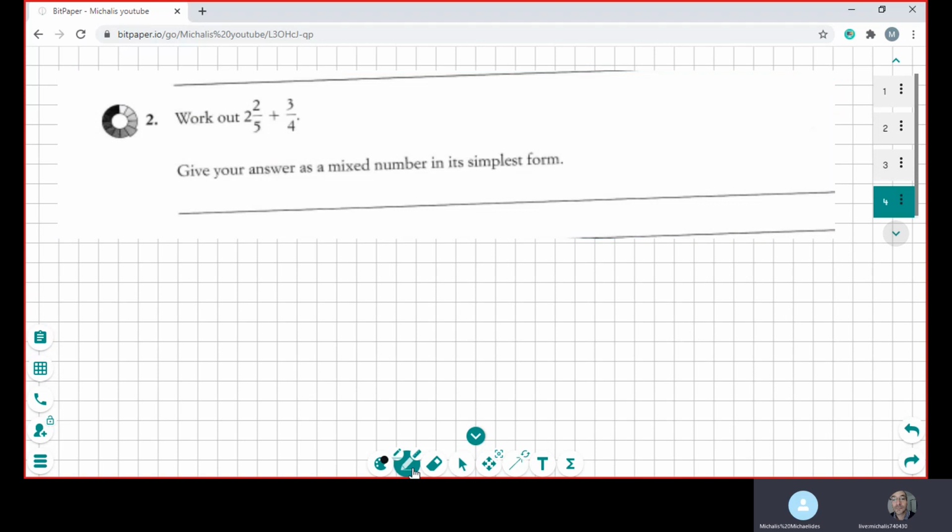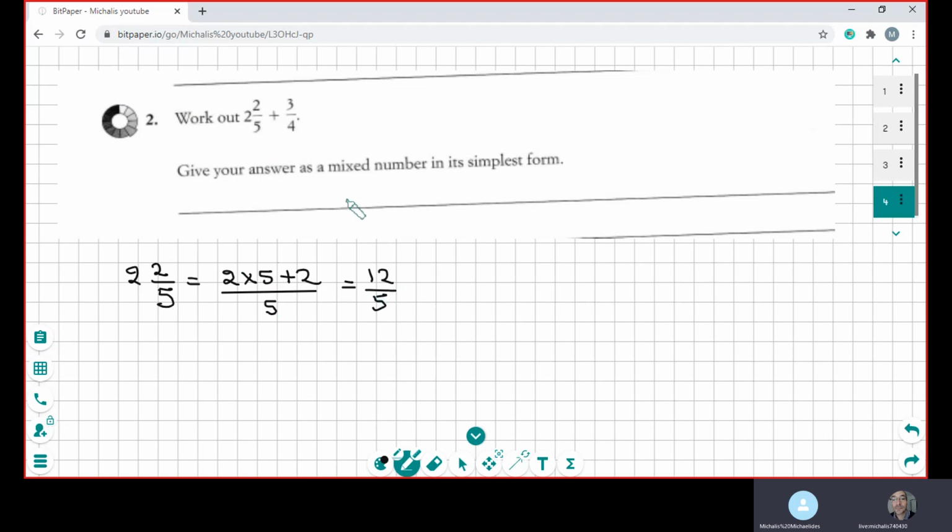So the way to change this into a fraction, we multiply the integer 2 by the denominator, and we add the numerator of the fraction, plus 2, and I divide this by the denominator 5. So the mixed number can be changed into a fraction as 12 over 5. I can't simplify more, so I can keep the fraction as 12 over 5.